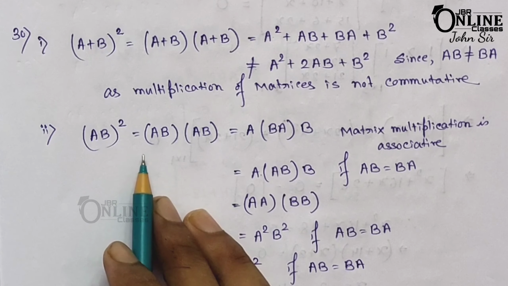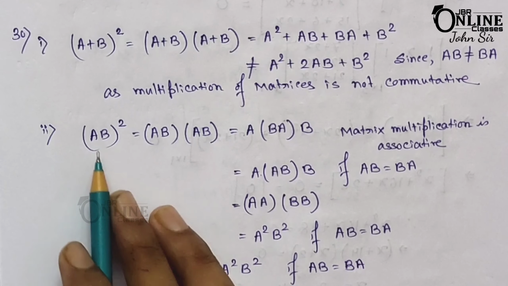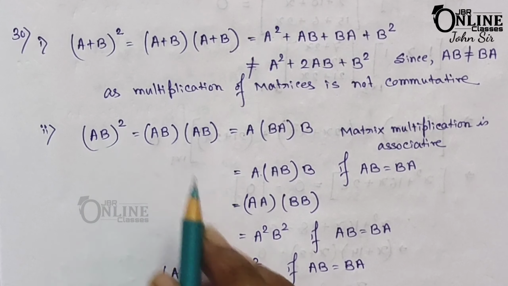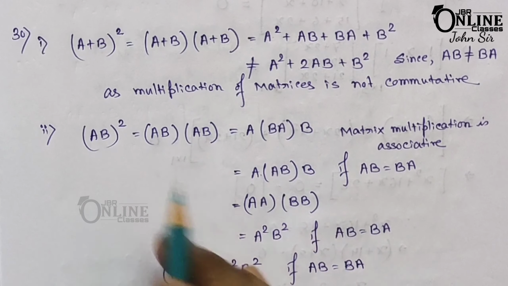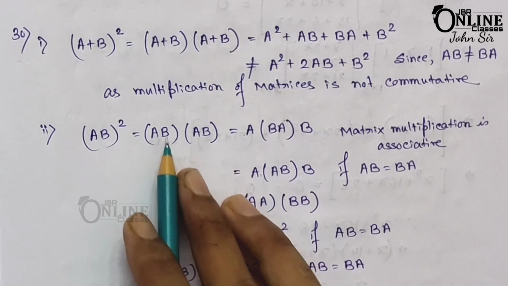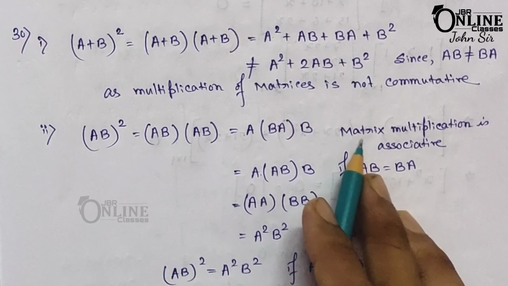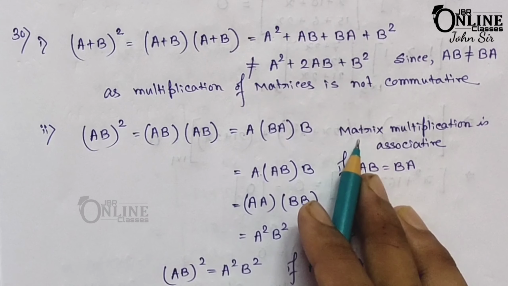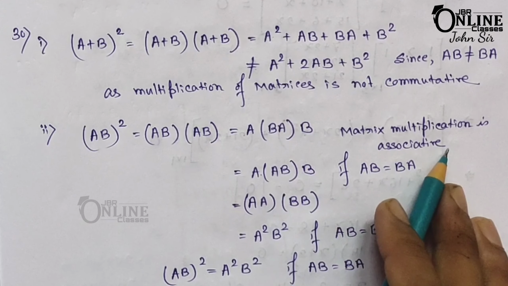The second one will be the same as the previous one. Here you have to show that (AB)² equals A²B². You know that (AB)² means AB into AB. So here A into BA and then B. That is the associative law. You know that matrix multiplication is associative.